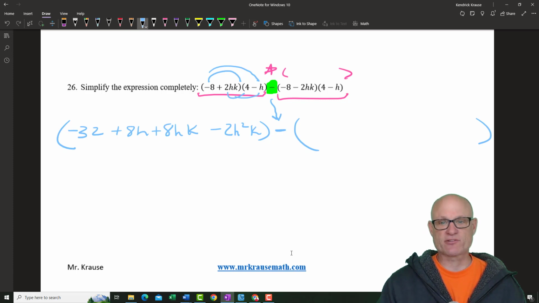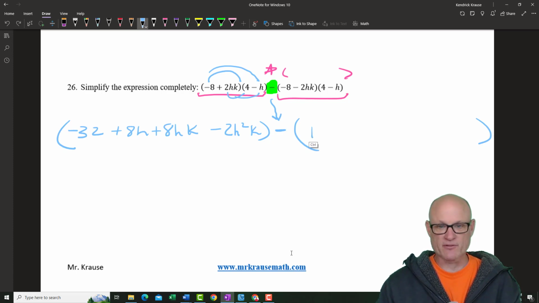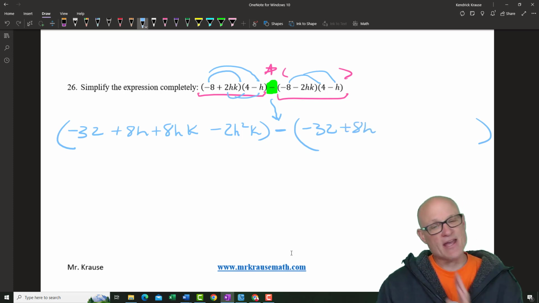All right, so negative 8 times negative h is positive 8h. Negative 8 times 4 is negative 32. Negative 8 times negative h is positive 8h. Negative 2hk times 4 is negative 8hk.